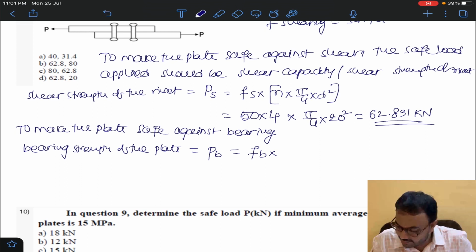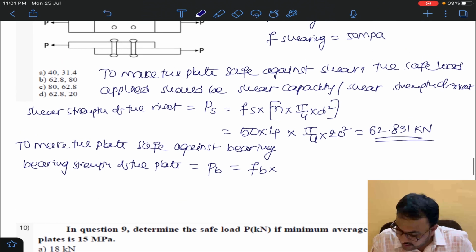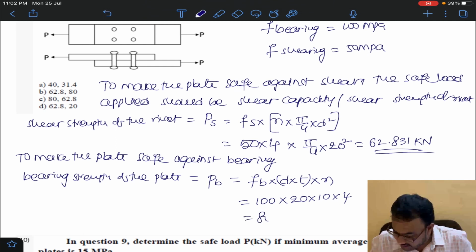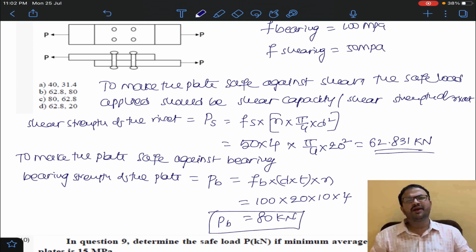In bearing the area will become diameter into thickness, into N, the number of bolts. That is, bearing allowable stress is 100, diameter is 20 and thickness is 10, and 4 bolts, which gives 80 kilonewton, that is PB. So the bearing strength of the plate for the given conditions is 80 kilonewton. That is, an 80 kilonewton load can be applied very easily over the joint without causing bearing failure.